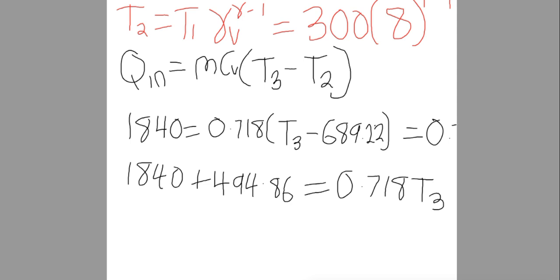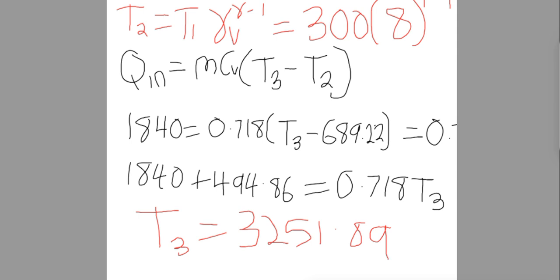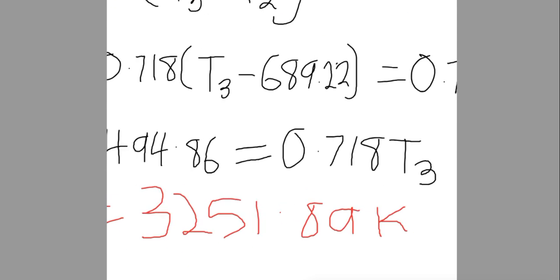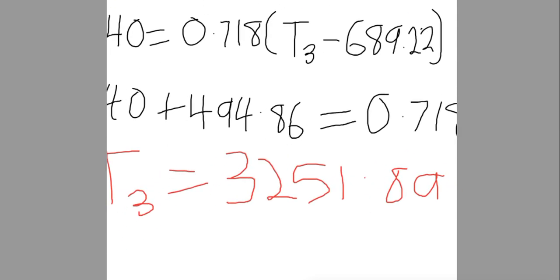We are going to get our value for T3 to be equal to 2351.89 Kelvin. That is the value that we are going to get if we finish this. So now we have gotten our value for T3.